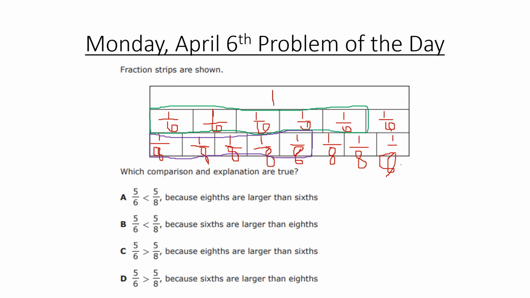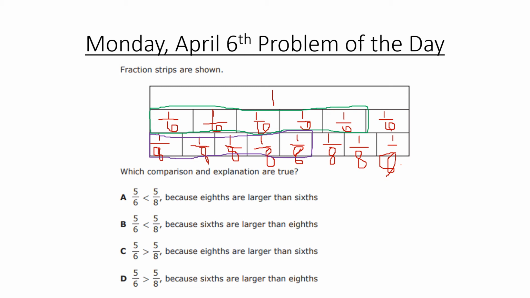I know that 5 out of 6 is bigger, so I can automatically eliminate the ones that say that 5 6 are smaller. Okay, so looking at your answer choices, take a quick look to see which ones can you automatically eliminate.